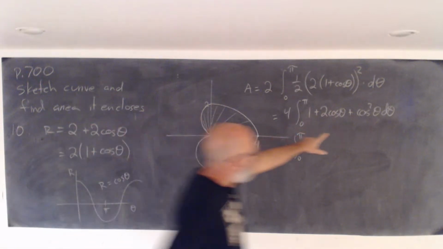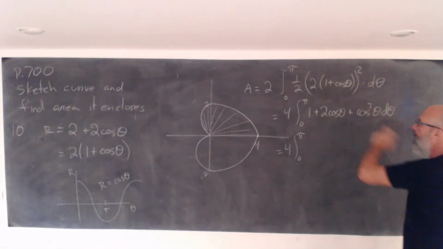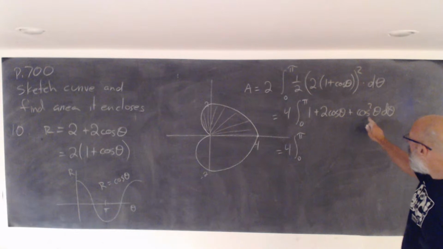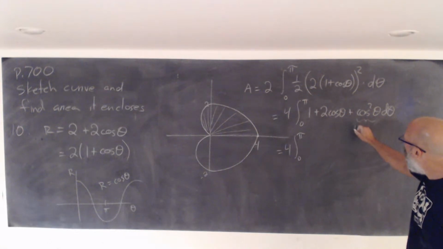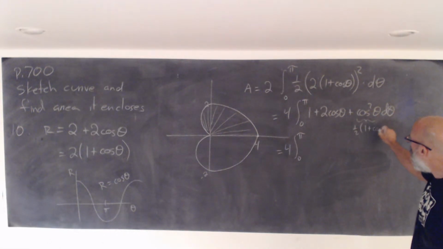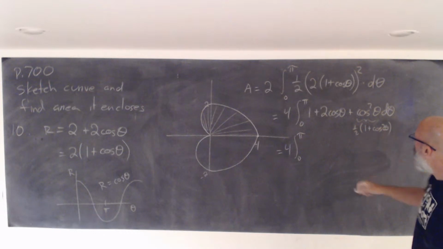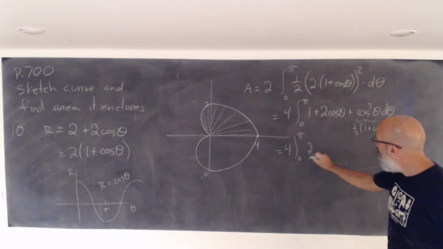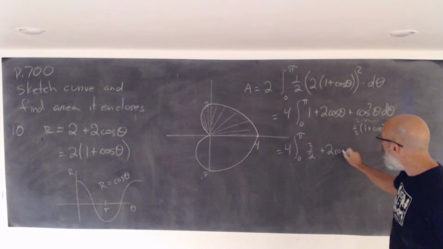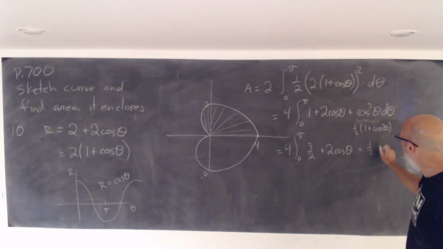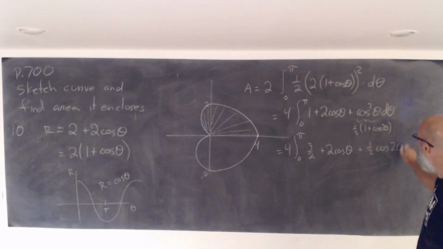Cosine squared, you're going to use the half angle identity. You know what's going on here. This is 1/2 times 1 plus cosine 2 theta. So this is 3/2 plus 2 cos theta plus 1/2 cos 2 theta.